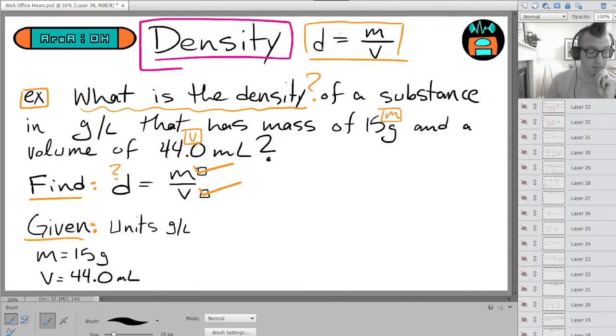There's one small hitch before we dive in. You'll notice that we're asked to find the density in units of grams per liter, but our volume is given to us in milliliters. So we actually need to do a unit conversion before we plug these values into this equation.